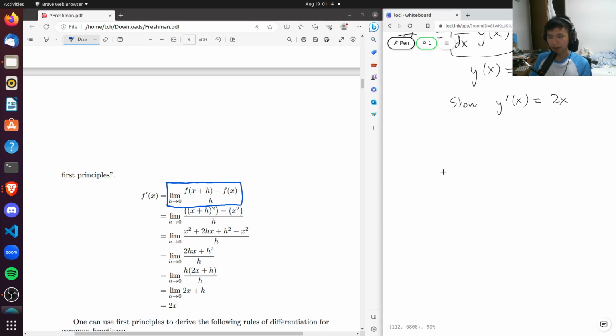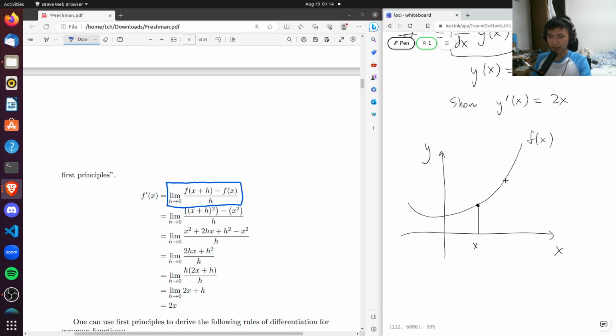The derivative of a function is defined to be the following. If I have a function f of x, and I want to calculate the derivative at this point, let's say this point x, then I need to calculate the gradient of the tangent line. However, how do you obtain the tangent line systematically?